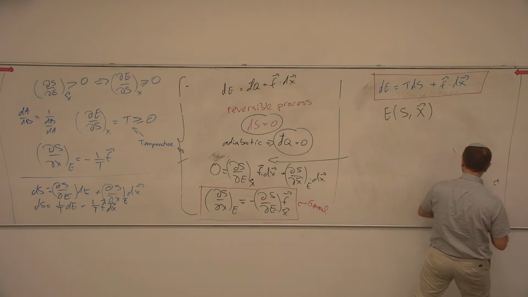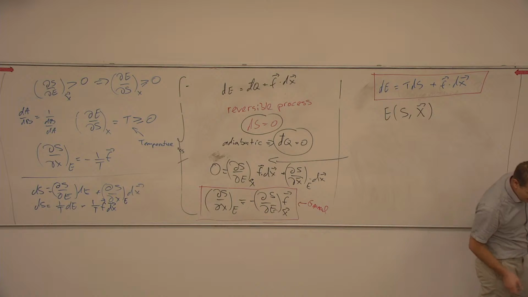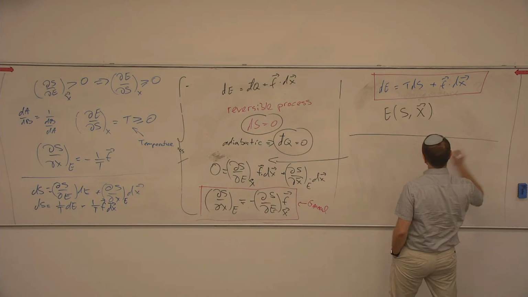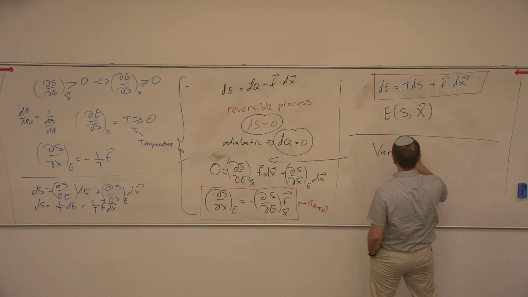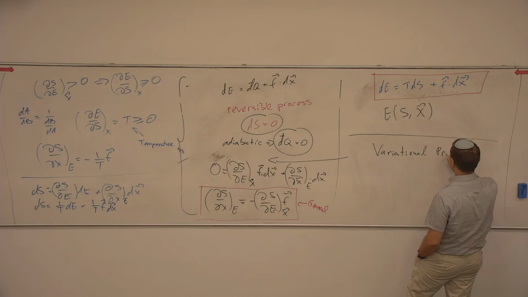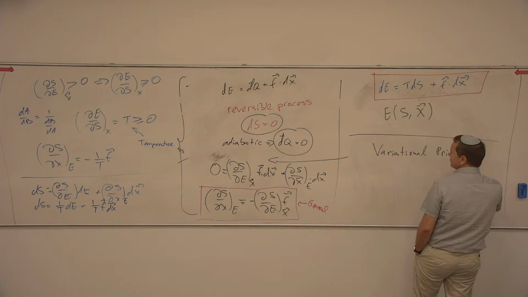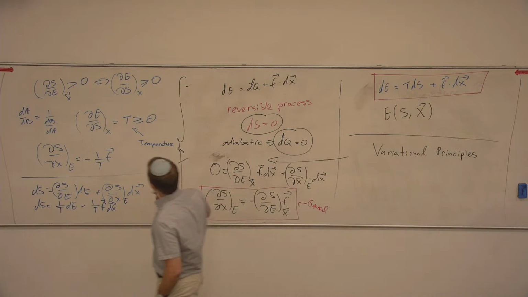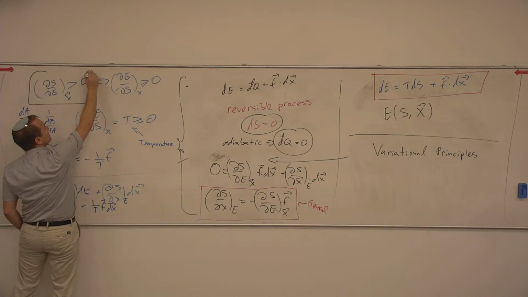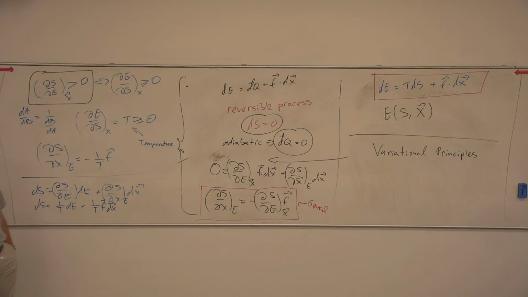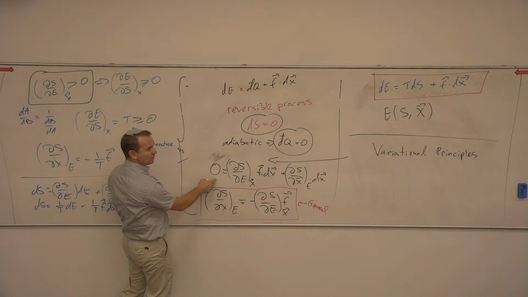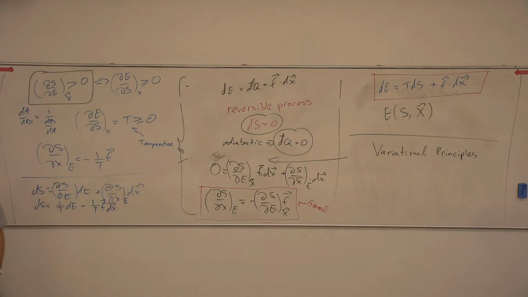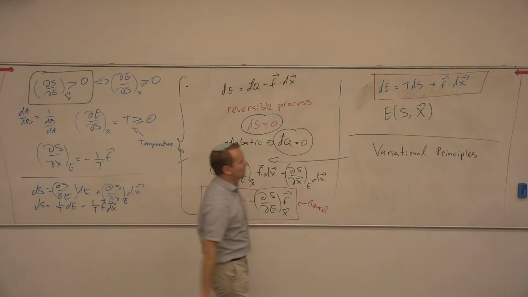Now, how can we use variational principles? What we have used so far is this equation and some mathematical acrobatics with taking derivatives of the entropy, eventually leading to this equation.